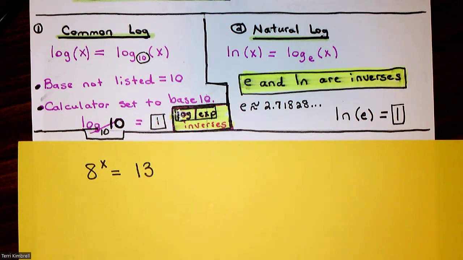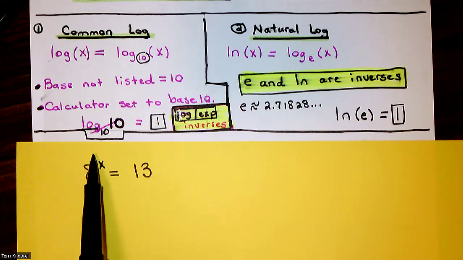When you can't get the bases the same, that's when you are going to need to use your logarithms, where you can actually find an answer, okay? So think back for a moment of how we can actually get this exponent to come down.